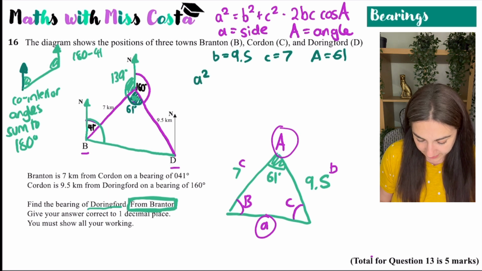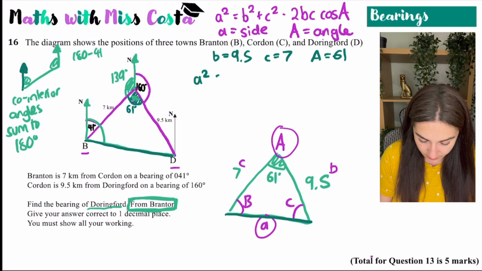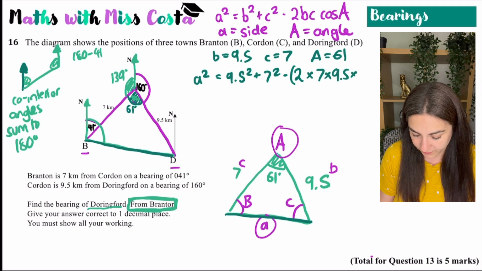So to work out the length of this side here, which is what my bearing of BD is on, I would do 9.5 squared plus 7 squared, take away 2 times 7 times 9.5 times cos 61.